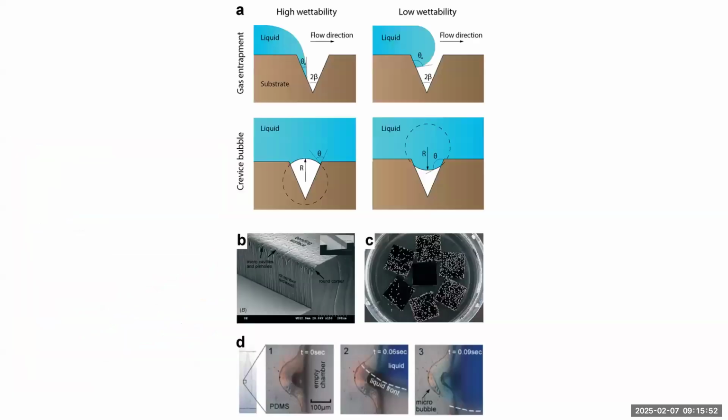So let's keep going. Increasing heat and decreasing pressure don't cause bubbles on their own. You need nucleation. They call them Harvey's nuclei.